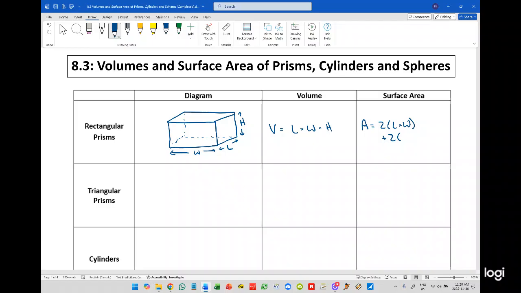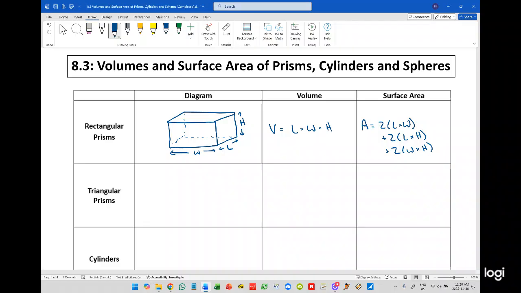I've got the left and right, which are both length times height. And then I've got the front and the back, which are both width times height. So 3 pairs of rectangles, and each pair has its own little area equation of A times A, whatever those two things are called.